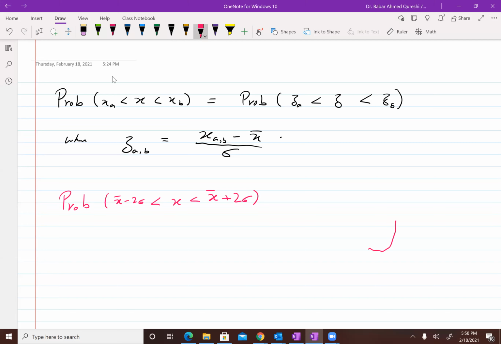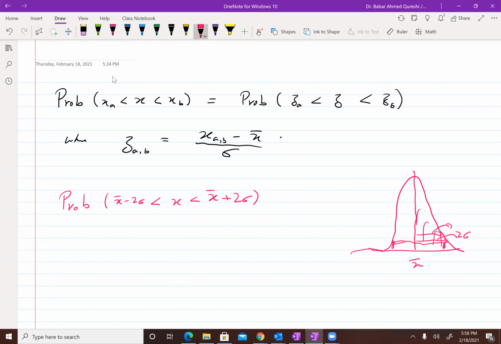So you have this distribution, this is X bar, and over here you have somewhere, well, probably here, 2 sigma. So you are asking this probability.